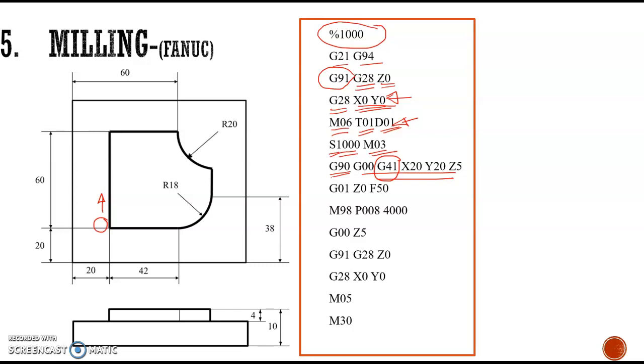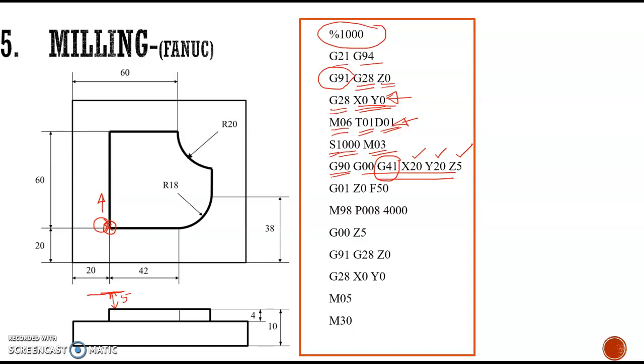Then the initial position is given as X20, Y20 and Z5. X20, Y20 is this portion, and Z5 means the tool has to reach 5 millimeter above the workpiece. So the tool has to come at this level.